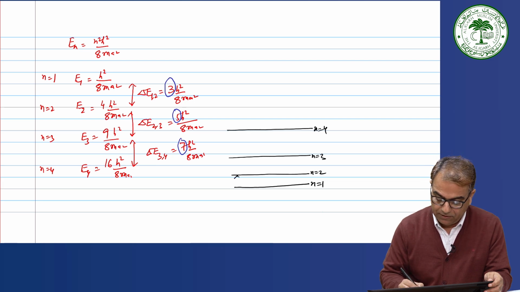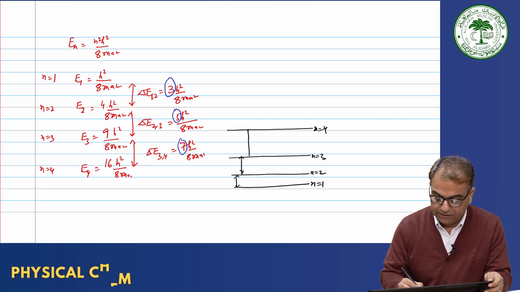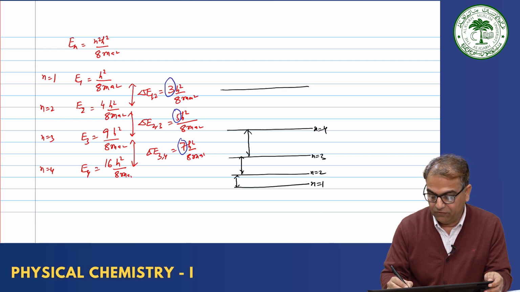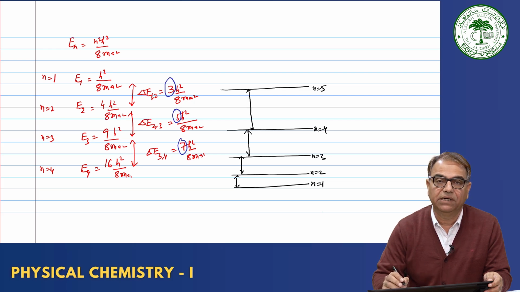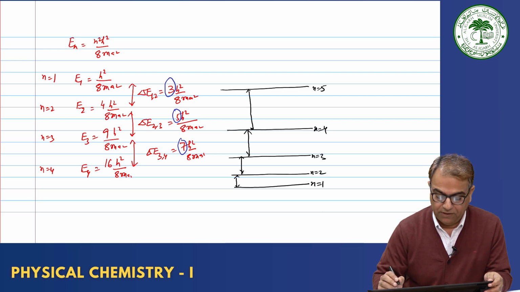So the gap here is smaller, the gap here is a little larger, even larger, and so on. Then if you draw n is equal to 5, it should be at this point. This will be the energy levels for particle in a one-dimensional box, okay.